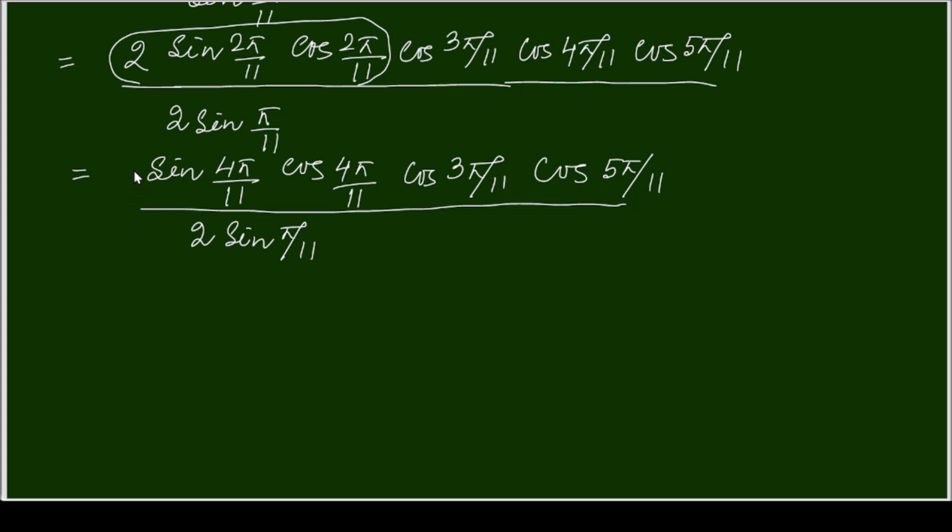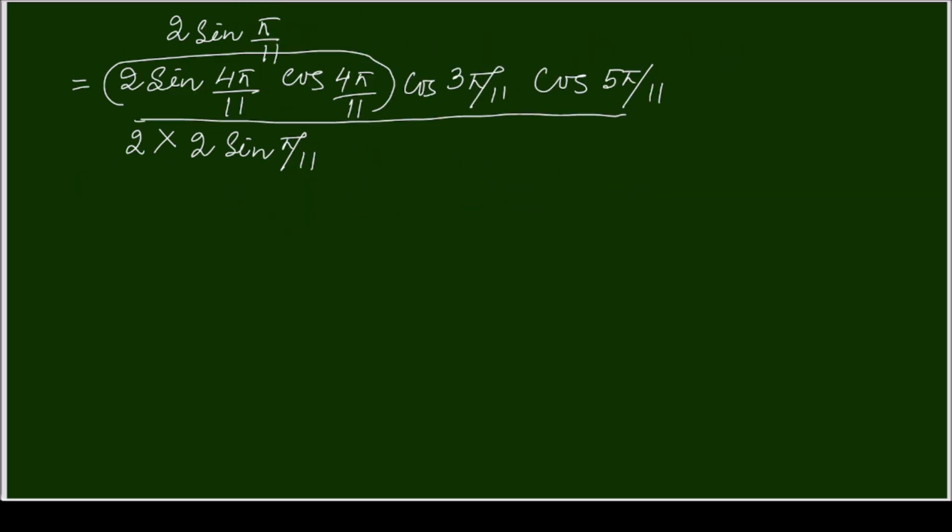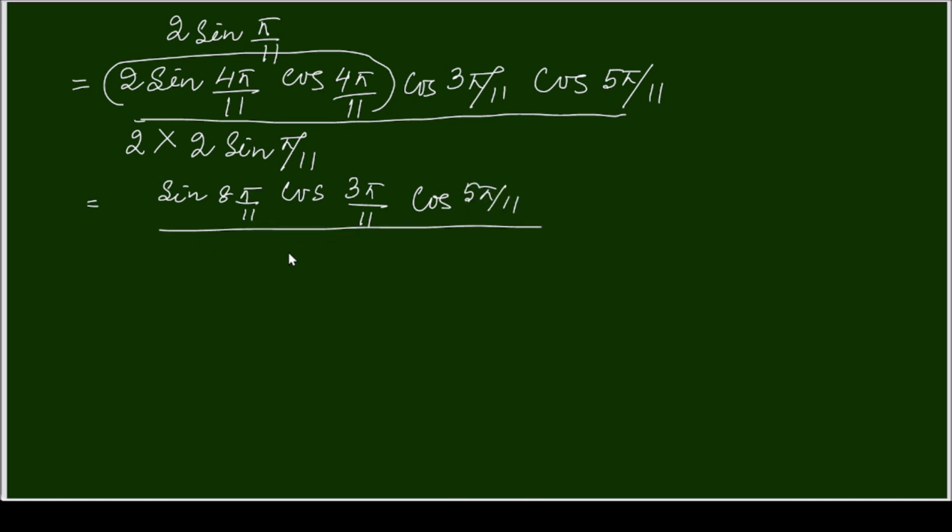Then again I'll multiply 2 in the numerator and 2 in the denominator, and this I'll make into sin 8π by 11, cos 3π by 11, and cos 5π by 11, full over 4 sin π by 11.